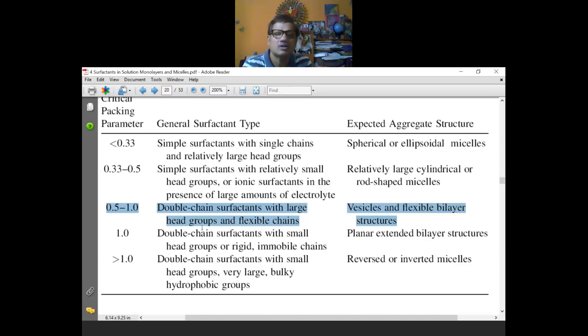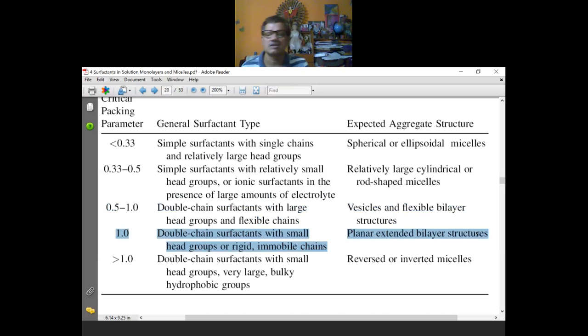Now, if the critical packing parameter is exactly 1, this is my surfactant, something like this.